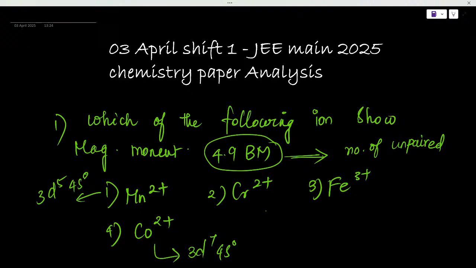What about chromium 2+? Chromium 2+ is 3d4, because in its ground state it is 3d5 4s1, now it becomes 3d4 4s0. Then iron 3+ will become 3d5 4s0. So the number of unpaired electrons in chromium is 4.